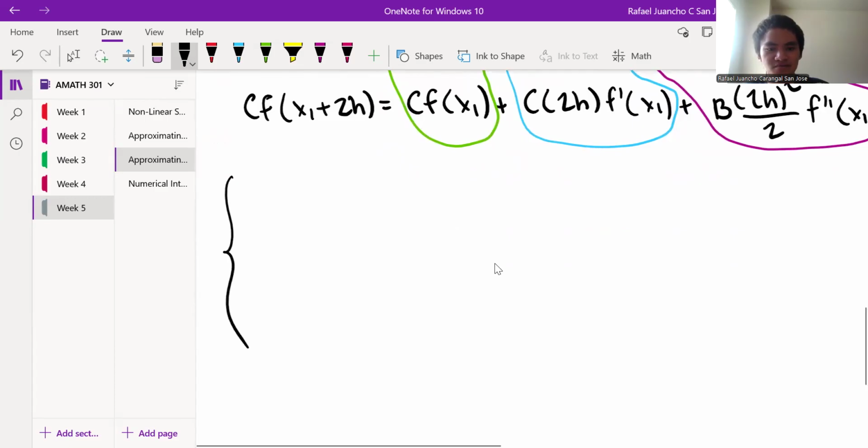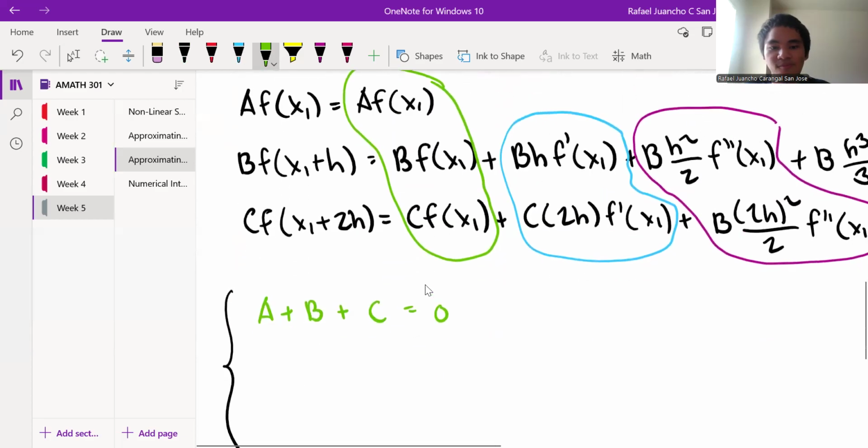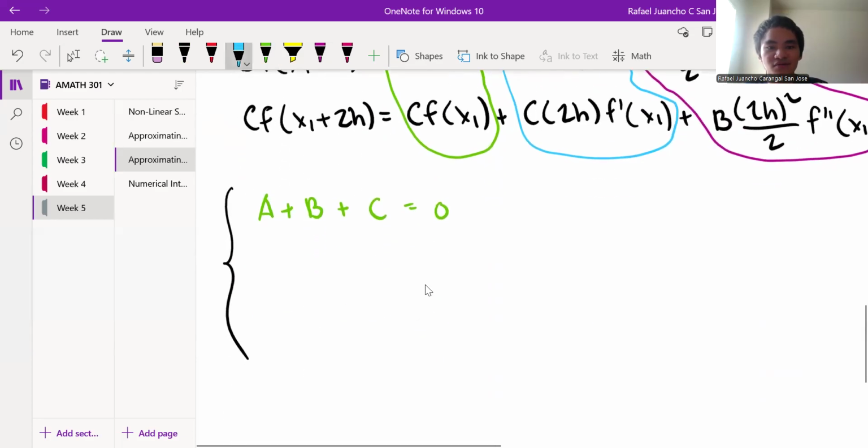So here we have a plus b plus c equals 0, right? Then for our blue one, we have bh plus 2ch equals 0.